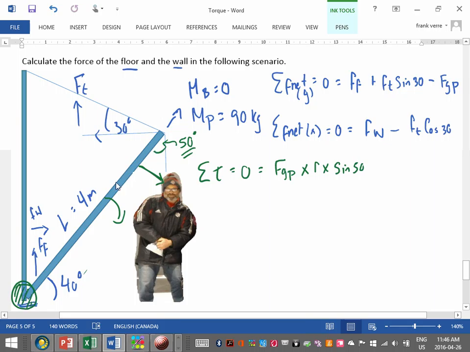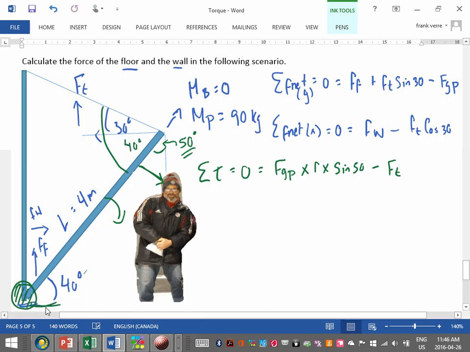What will cause the beam to rotate the other way? Okay, so what's that force? So tension. Well, what's that angle? If this is 50, that has to be what? There's your Z pattern, right?